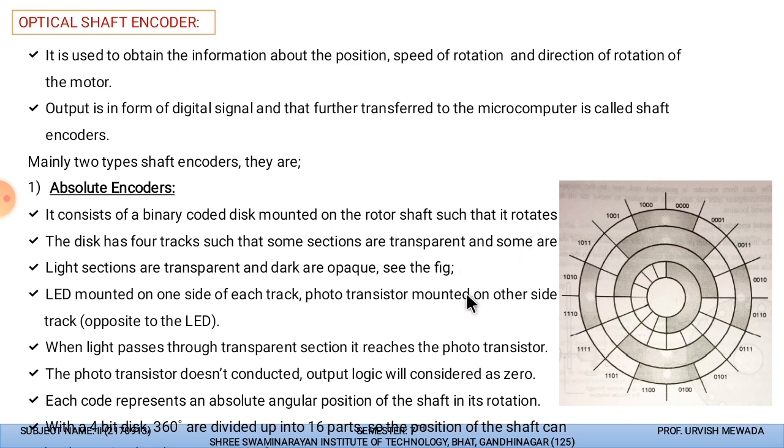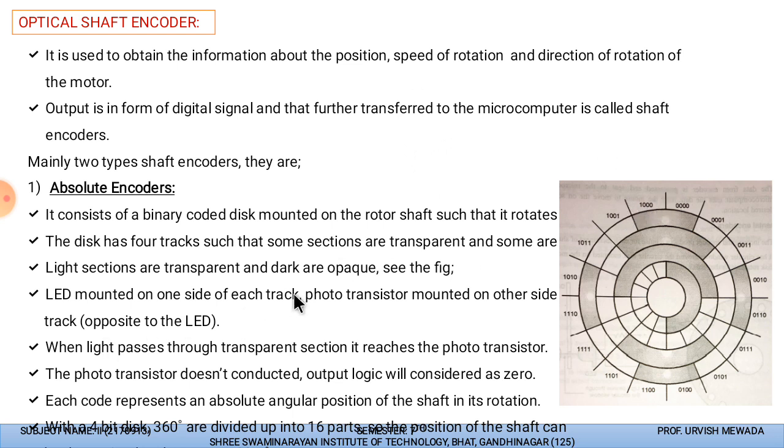An LED is mounted on one side of each track, and a phototransistor is mounted on the other side of the track. So the phototransistor will sense the light of the LED, and according to the sensing of the light through this plate, the phototransistor will get operated, and we will get the output in terms of binary.